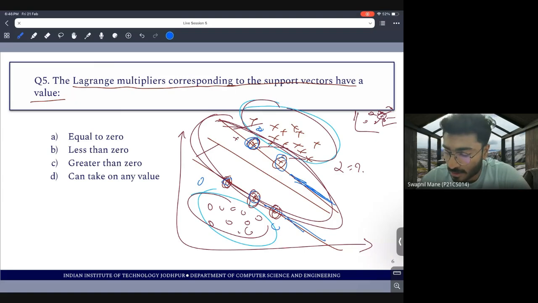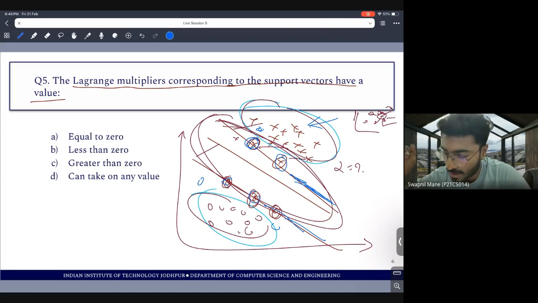I hope you understand the simple intuition: the Lagrange's multipliers we get for points outside of the marginal plane are zero, because those are the non-influential points for the decision boundary. You can simply understand the Lagrange's multiplier as the influence of that point on the decision boundary.